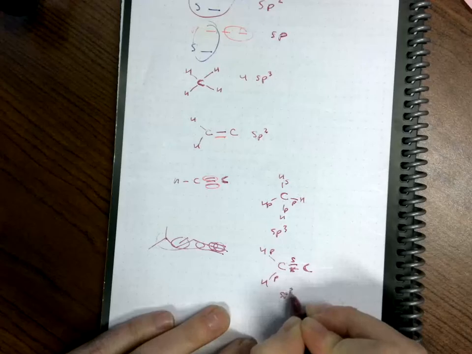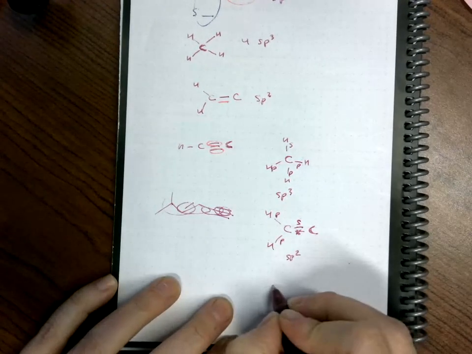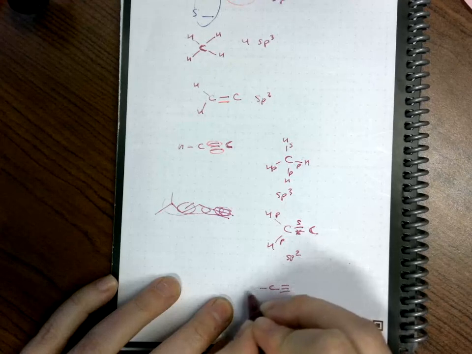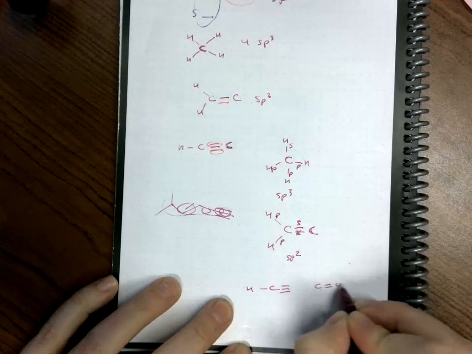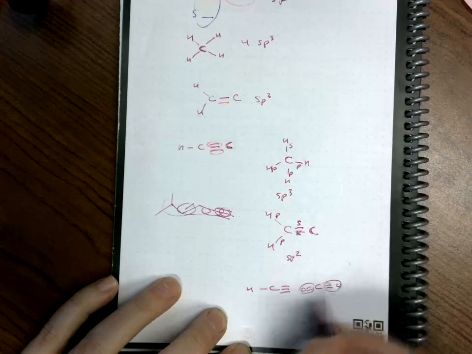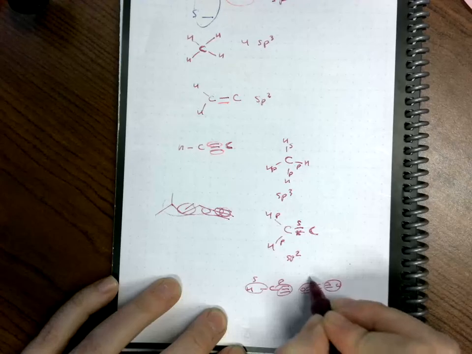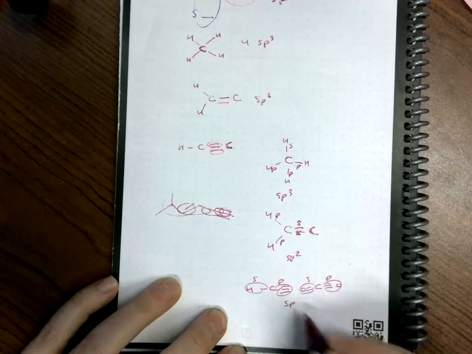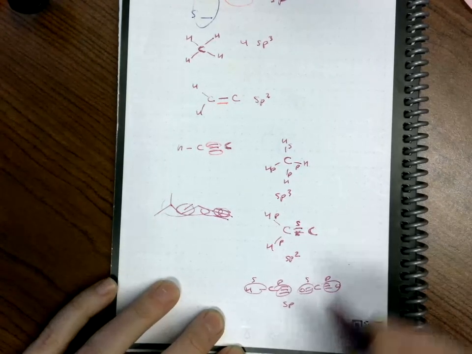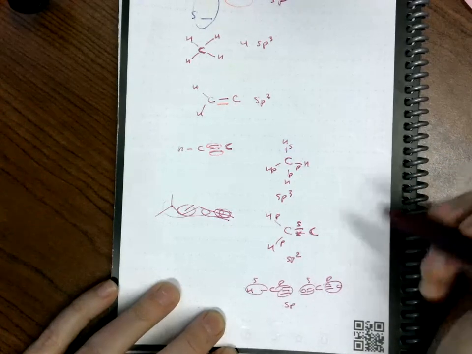So we get sp2 hybridized. And then if you have a carbon with triple bonds or a carbon with 2 bonds to carbon dioxide, we count each of these areas as 1. So we need 1 s and 1 p. So both of these would be sp hybridized. So that's a quick way to figure out hybridization.